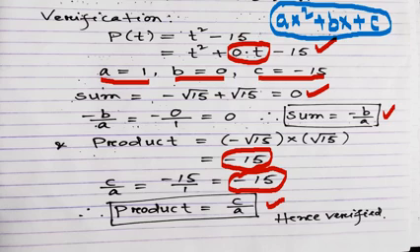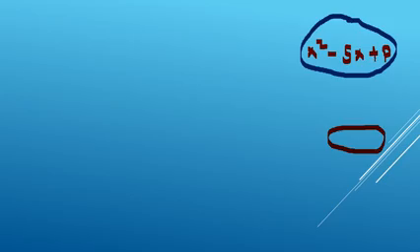Again, for the product of zeros, minus root over 15 into root over 15 is minus 15, and calculation using coefficients, c by a, is equal to minus 15 by 1, which is equal to minus 15. Therefore, we can say that the product of zeros is equal to c by a. So like this, we can verify the relationship between the zeros and the coefficients of the quadratic polynomial.